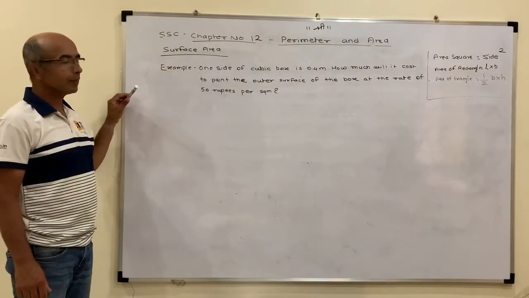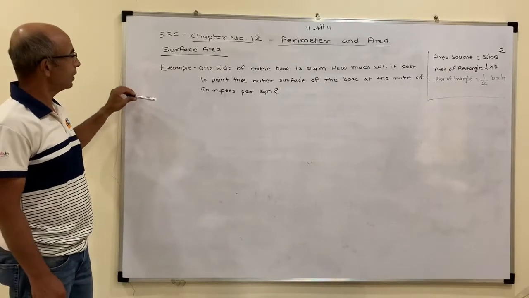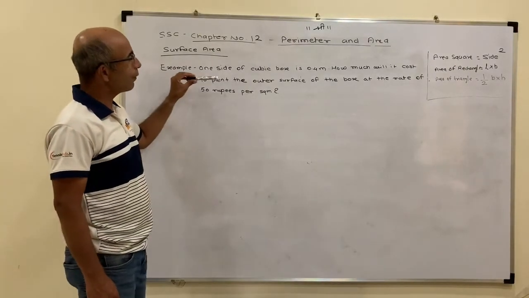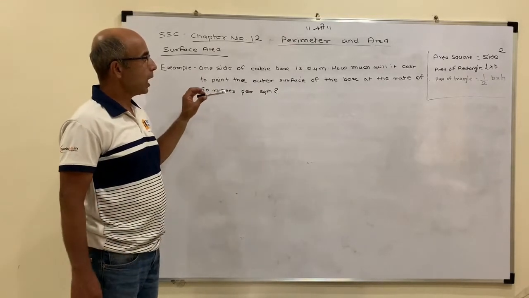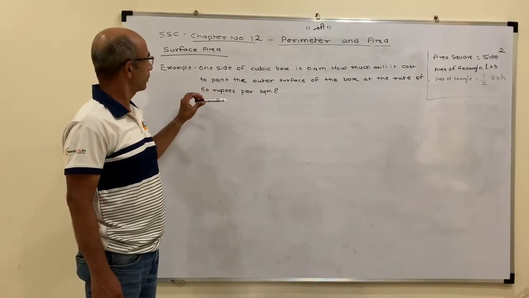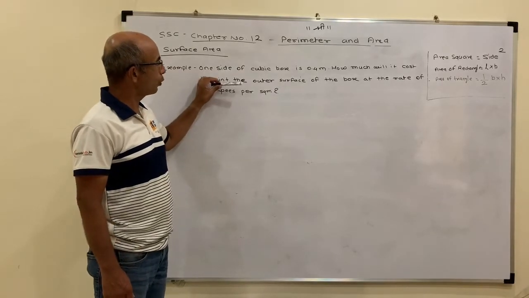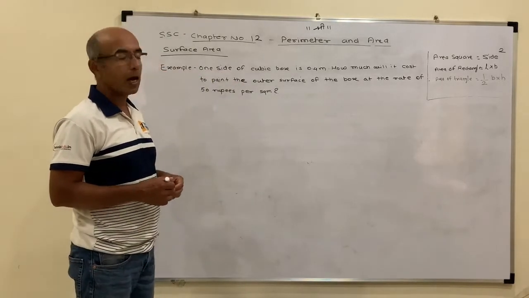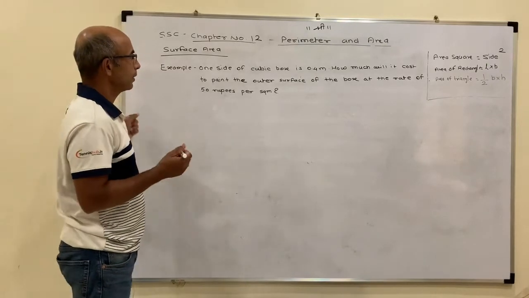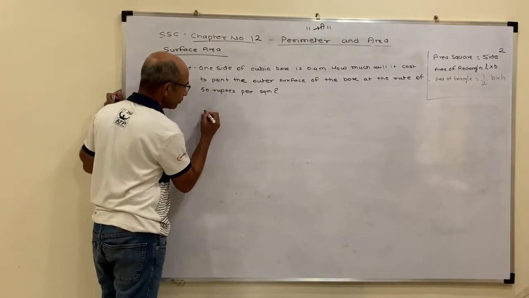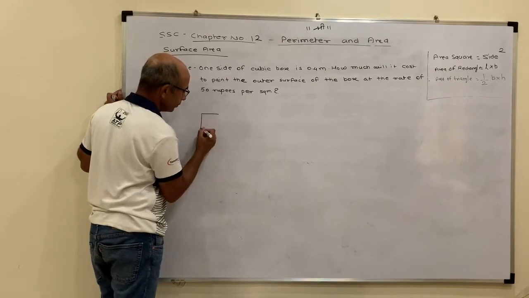Now let's look at another example. One side of a cubic box is 0.4 meters. How much will it cost to paint the outer surface of the box at the rate of 50 rupees per square meter? Now, this is my cube.